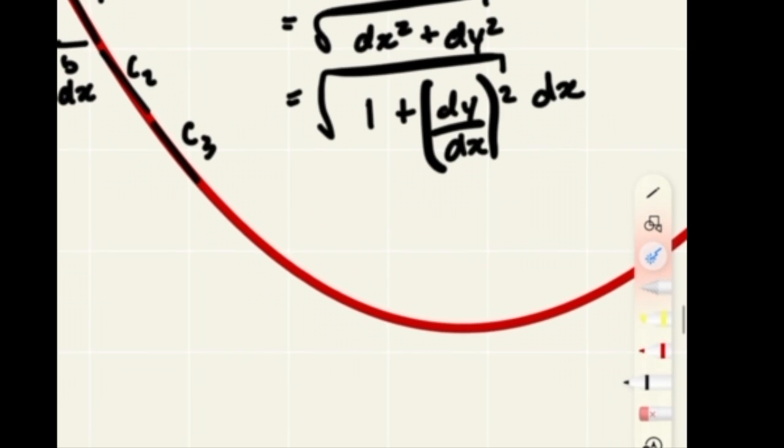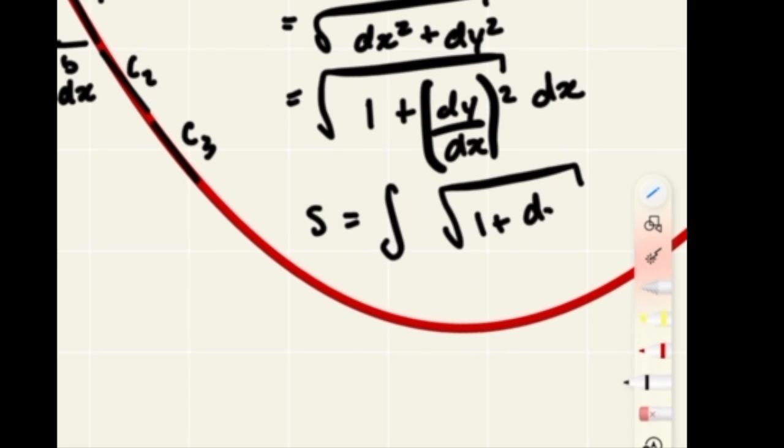And we can replace a summation with an integral because the integral is really just the continuous version of the summation. So s is going to equal the integral of the square root of 1 plus (dy over dx) squared, dx, and there you have it, from A to B.